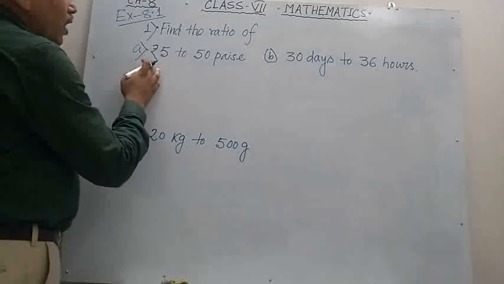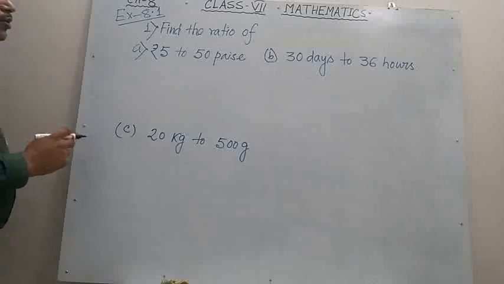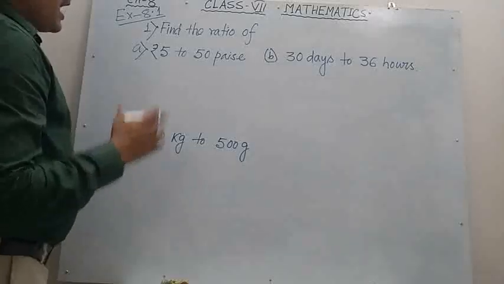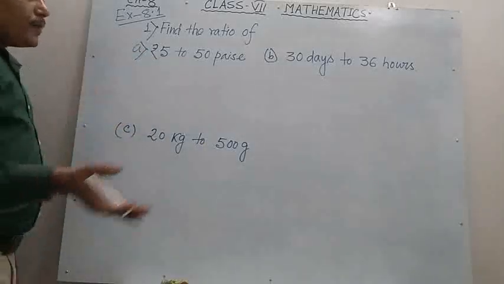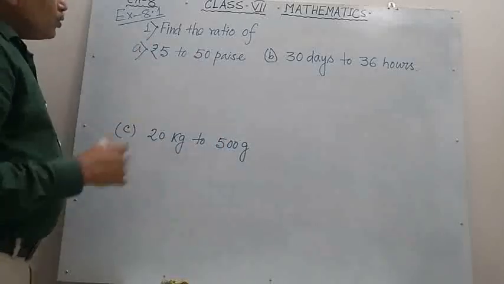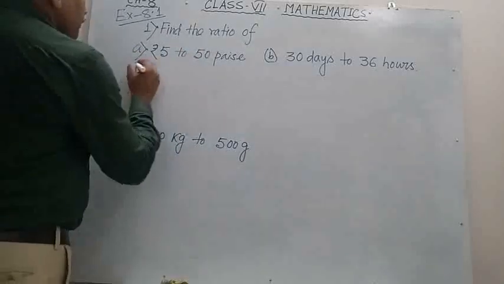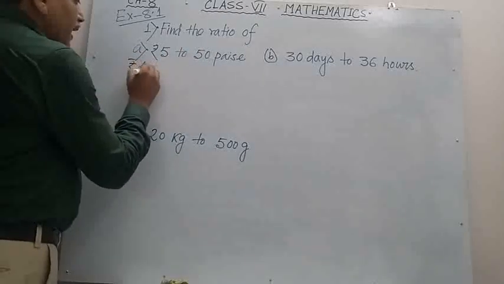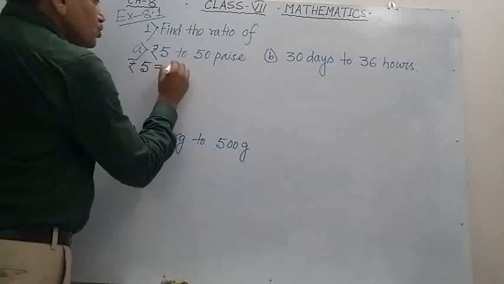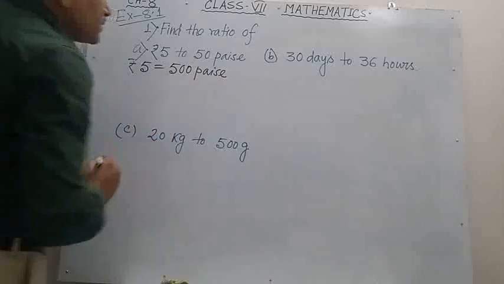Now, one is in rupees, another one is in paise. So first of all, we have to convert either rupees into paise or paise into rupees. We are converting rupees to paise. So rupees 5 equals 500 paise.